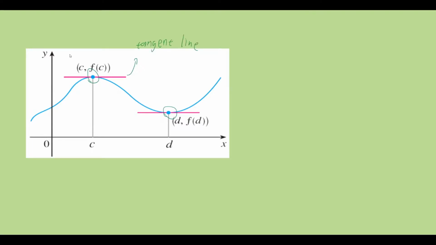They are always flat, meaning they have slopes of 0. And we know that when we take the first derivative, it tells us about the slope of the tangent line, and that is how we're going to find local maximum and minimum.